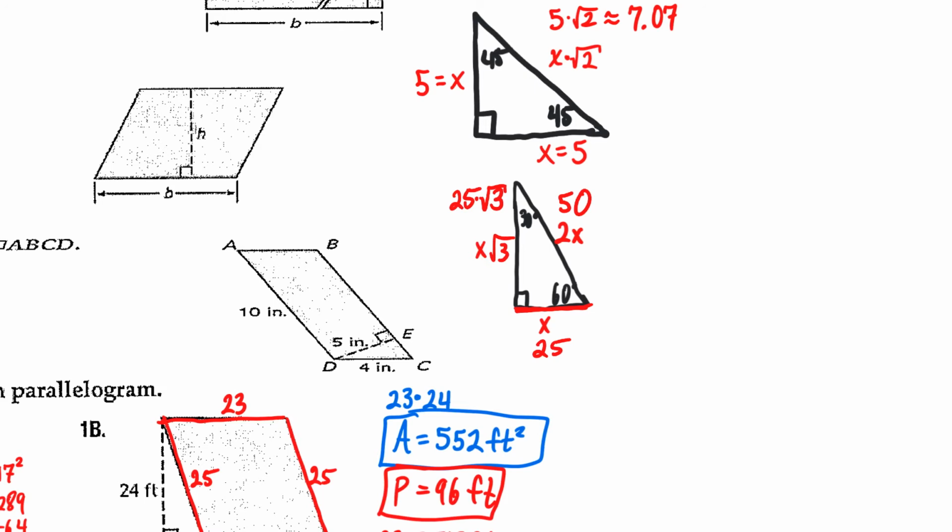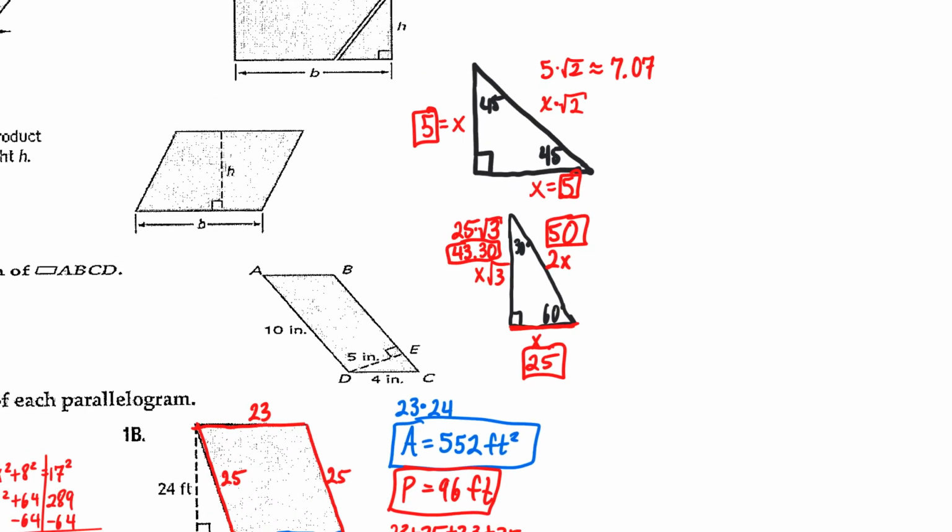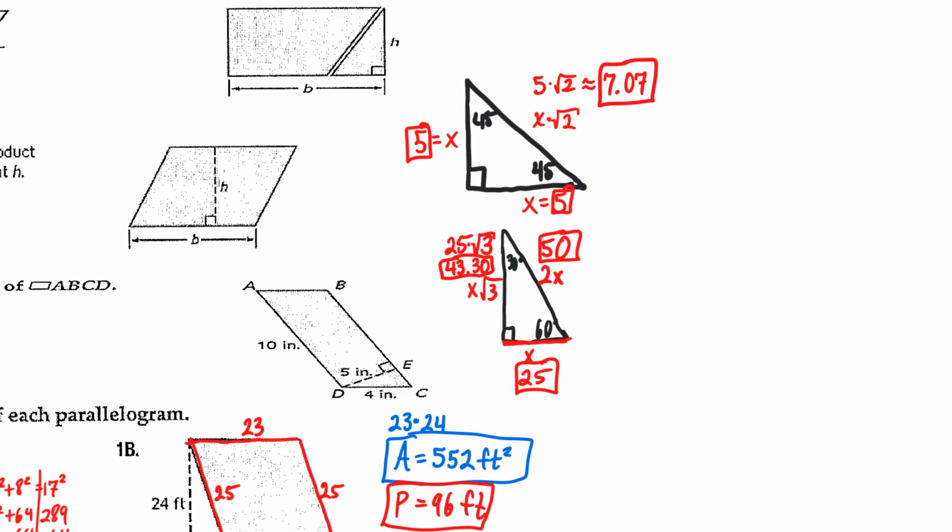Type in 25 times the square root of 3 real quick, and let's get that as a decimal. 43.301. Okay? All right, so you're going to need that for a lot of what you're going to do today. So I just wanted to remind you of that.